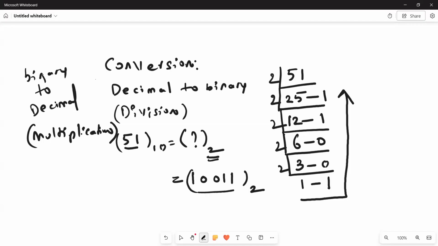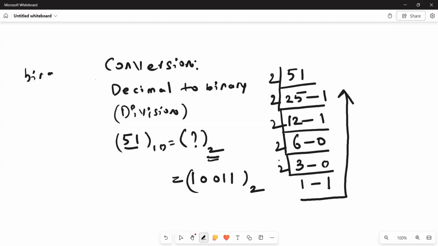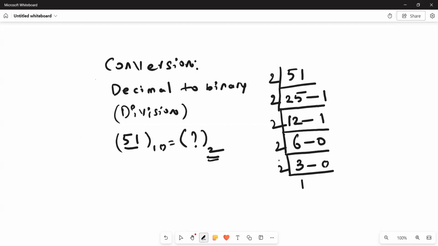Okay. Now we'll take one more example. Suppose we take the same number and convert the following number in binary to its equivalent in decimal: 10011.